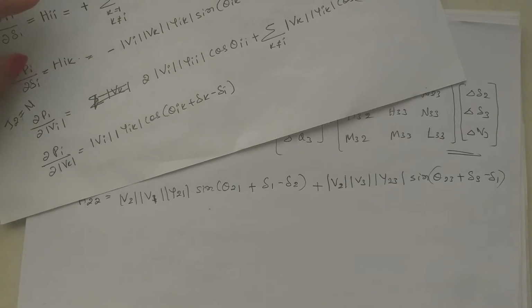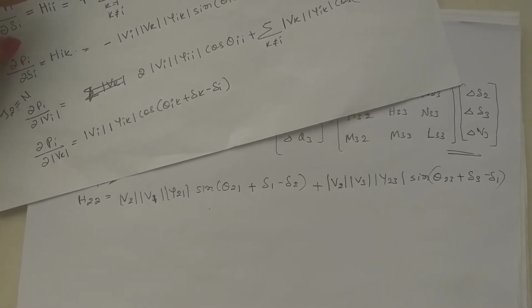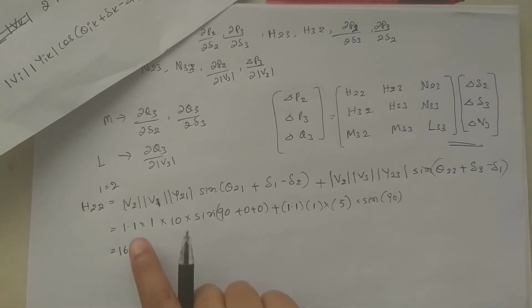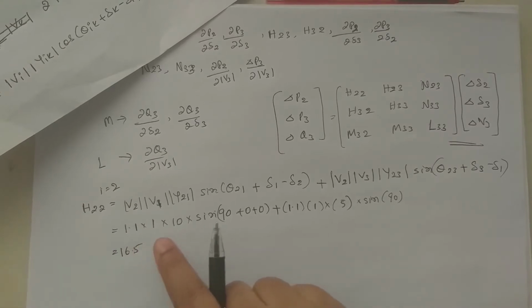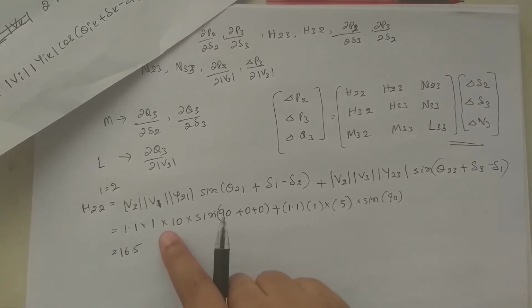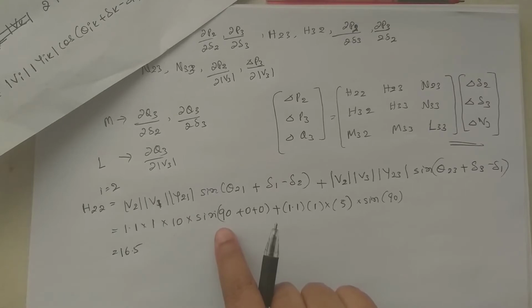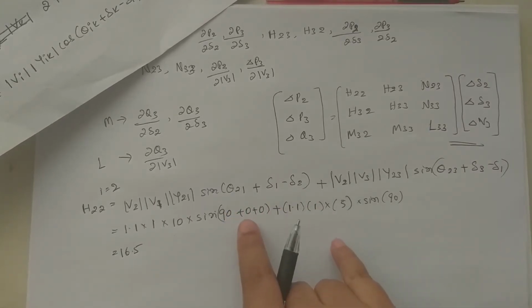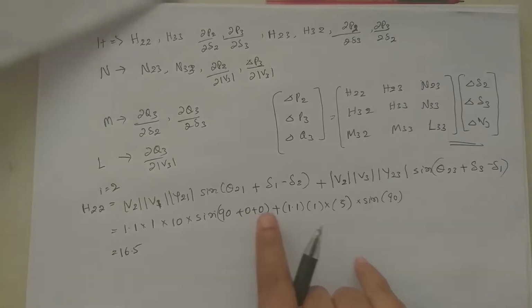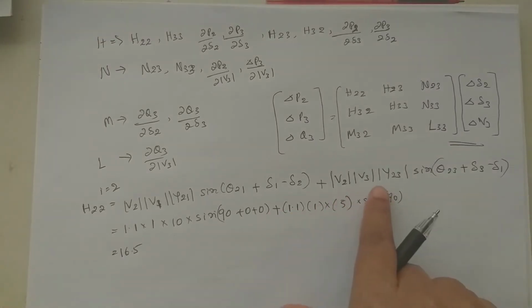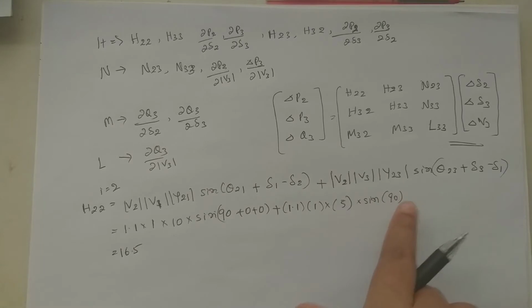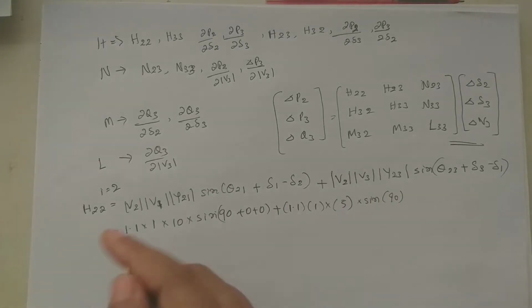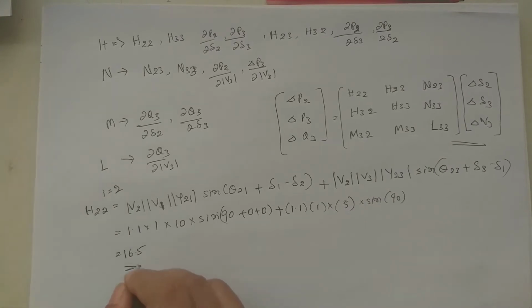Substituting everything, V2 is 1.1 and V1 is 1, Y21 is 10, sin theta 21 is sin 90, delta 1 and delta 2 are taken as 0, so 0, plus 1.1 into 1 into 5 sin 90 plus 0. Finally we get 16.5 per unit.